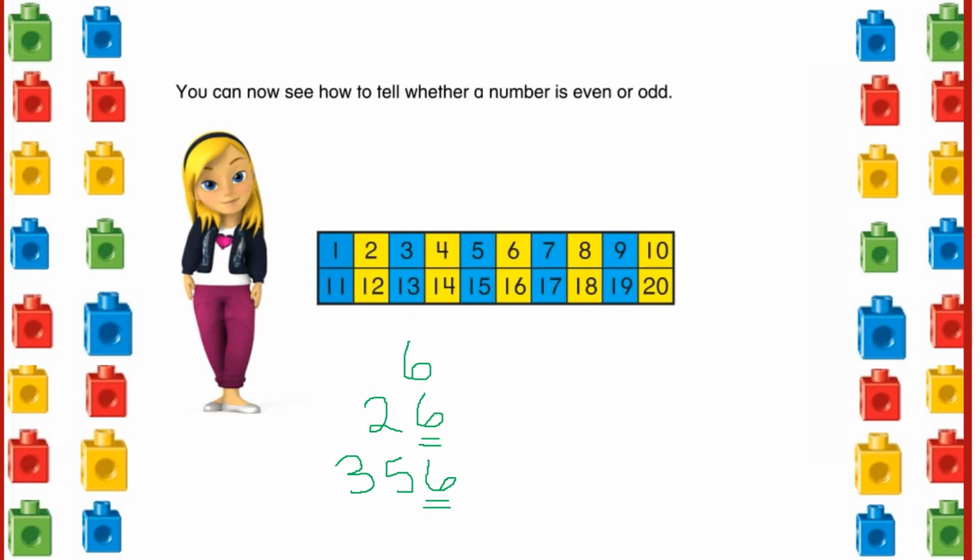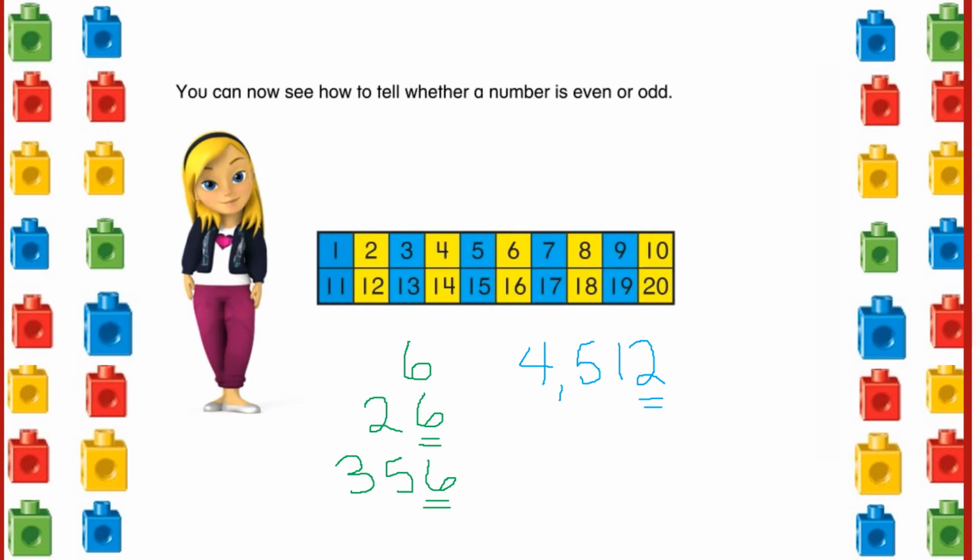We can even say that a number like 4,512 is an even number. Why? Because it's got a 2 at the end: 2, 4, 6, 8, 0.